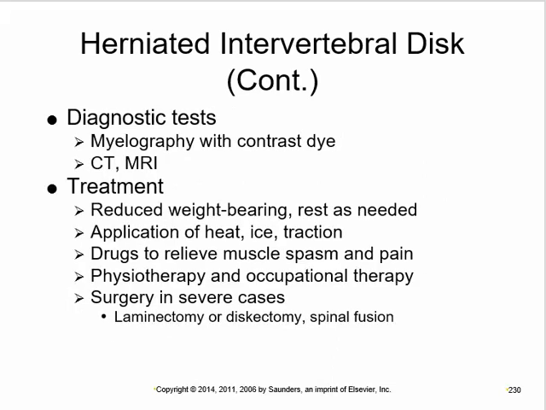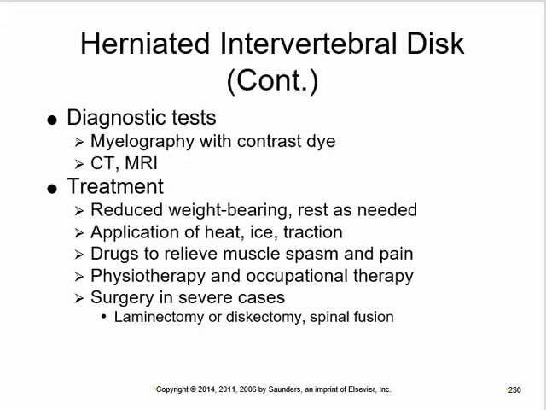Really bringing down the inflammation, heat, ice, opening up the intervertebral space and taking the pressure off the disc by traction is useful. Rest and loss of weight bearing is important. Anti-inflammatories and maybe muscle relaxants to relieve muscle spasms and pain.